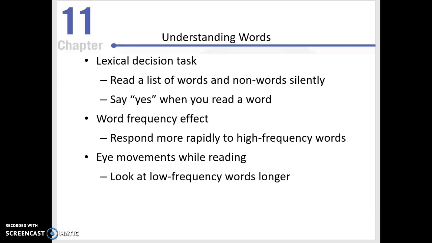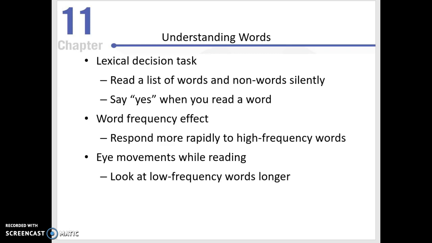Also, with understanding words, there are three things here we'll discuss. Two of them are tasks. So the lexical decision task would require that a participant read a list of words and non-words. And what happens as these appear, if the word is frequently presented, then the reaction time will be much faster.